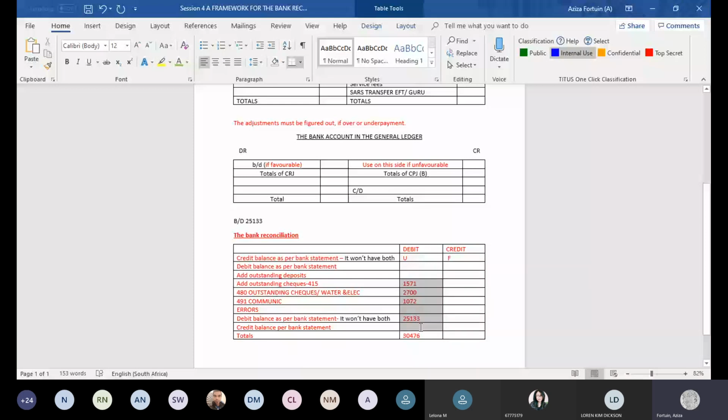Okay, let's look at example 5.3 on page 74, Spaza traders. Example 5.3, sorry, on page 74. Is everybody there?